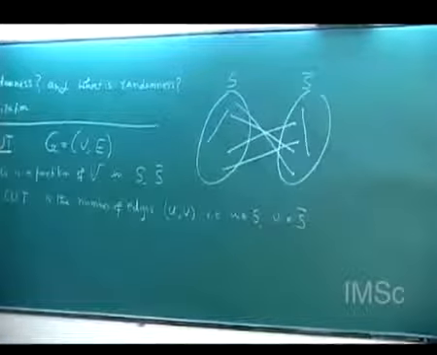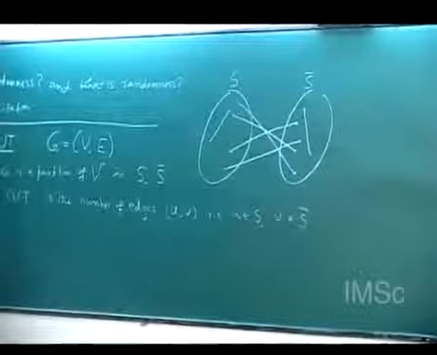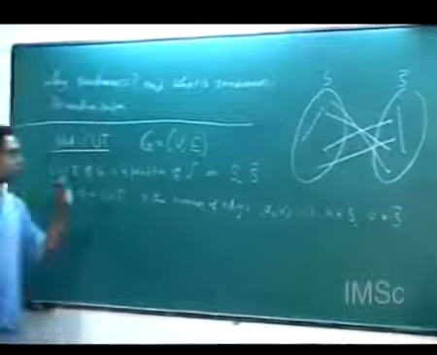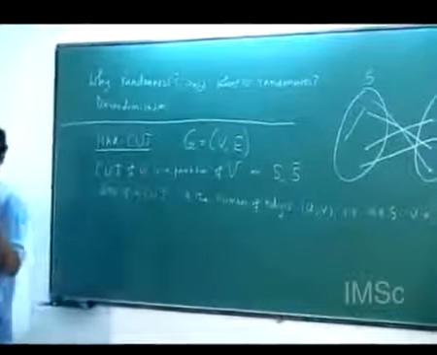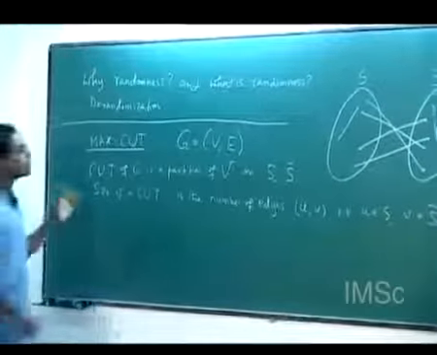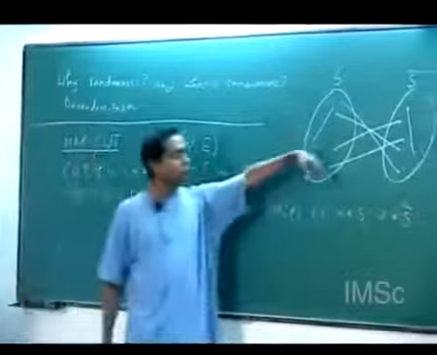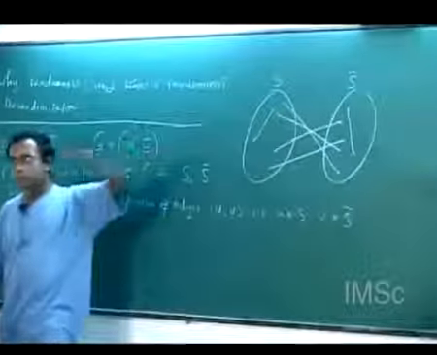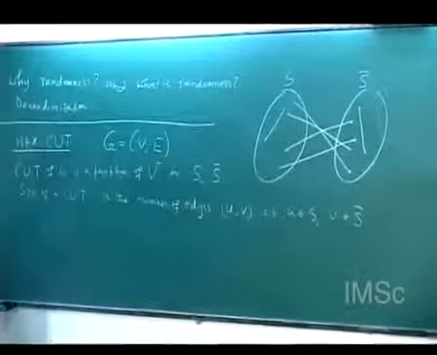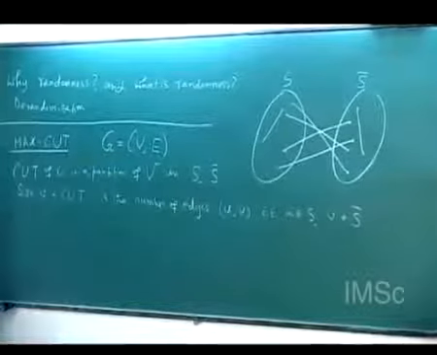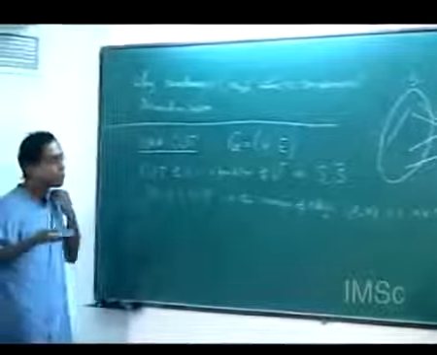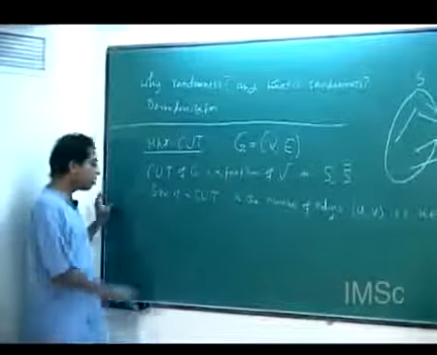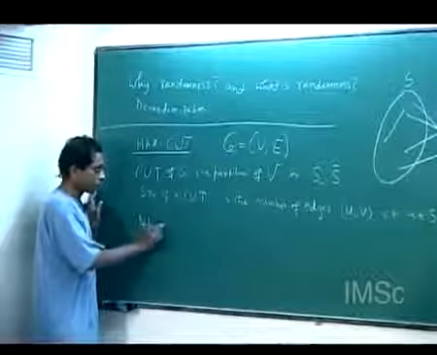Now the max cut problem asks you the following question. Given a graph G, find the cut that maximizes the number of cut edges. If you already know some computer science theory, then this is a very well-known NP-complete problem.